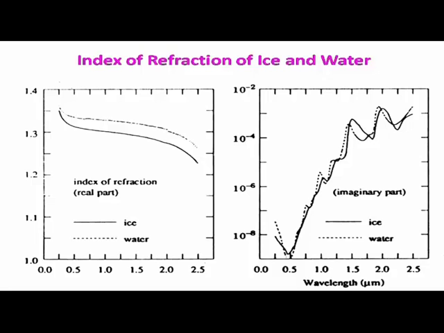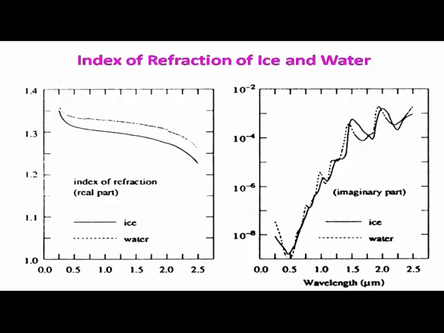So this spectral reflectance of snow depends on the snow grain size, the contamination, the water content in the snow, and the snow depth. These are the physical properties of snow, and the other properties depend on the solar zenith angle and the cloud cover. So here it is important to understand the refractive index of ice.